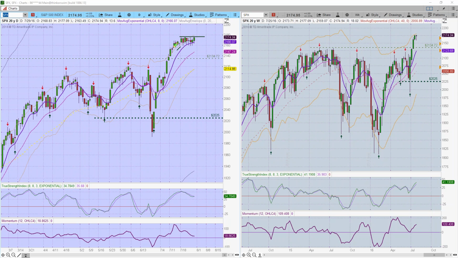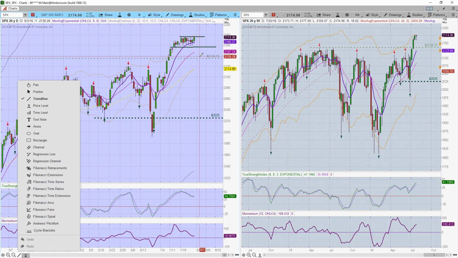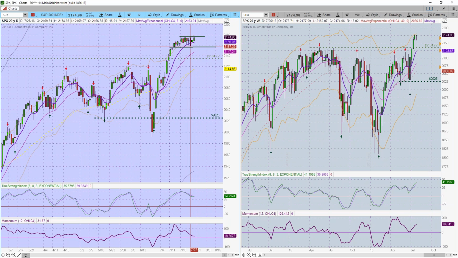It popped as low as 2155, but it's bounced up where it's got a really strong level of support here at the 2160 level. Earlier I took the measurement of this, and from the 2160 up to the highs is only about 0.8%.